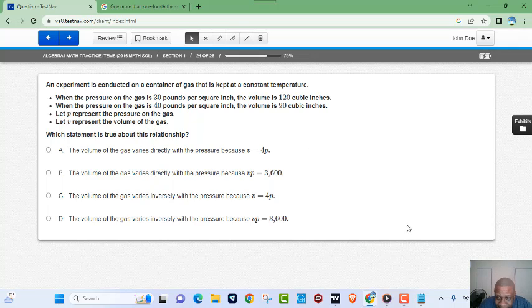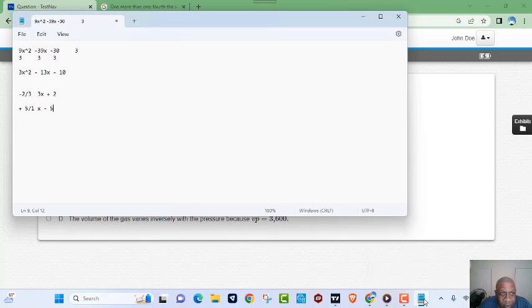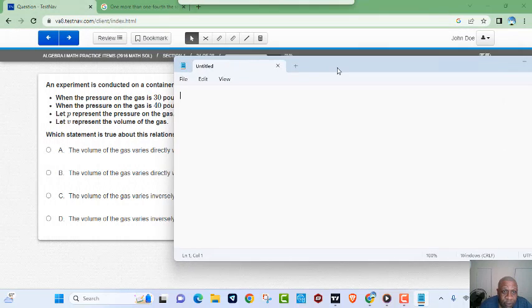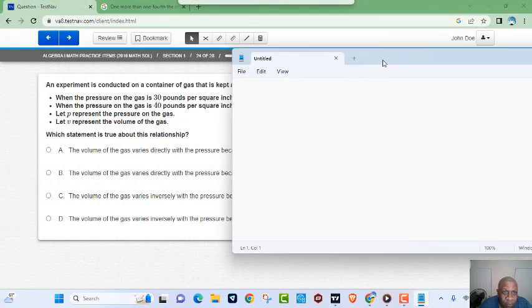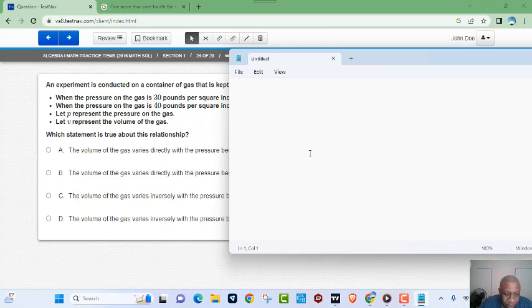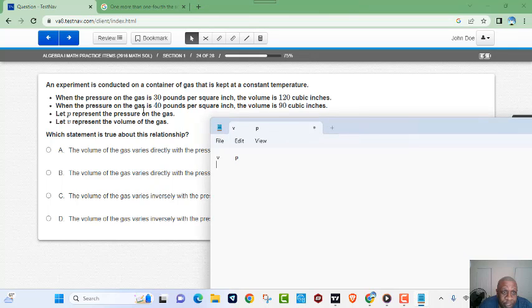All right, so we have volume and pressure. Okay, so what does it say? It says when the pressure on the gas is 30 pounds per square inch, the volume is 120 cubic inches.